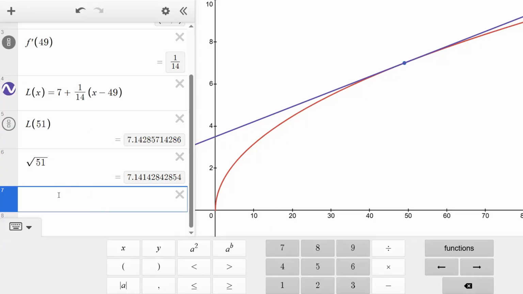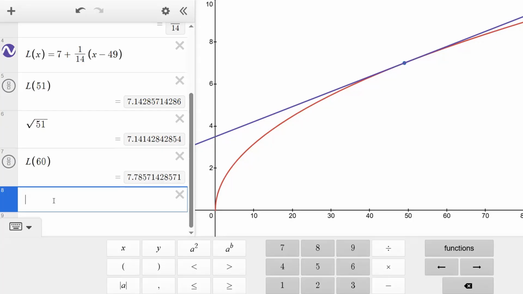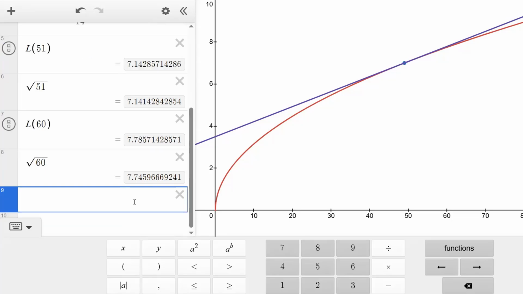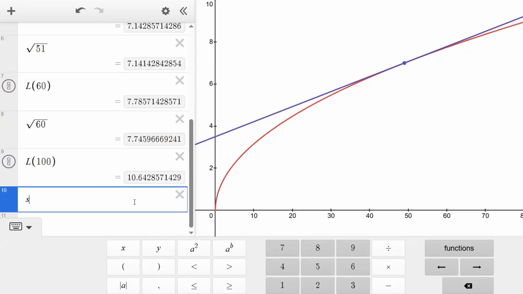And I just want to show you if we go a little bit further, like L of 60, for example, you get 7.785. If I take the square root of 60, still kind of close, around 1 decimal place, but my accuracy is less. If I go all the way out to 100, well, we know the square root of 100 is 10.